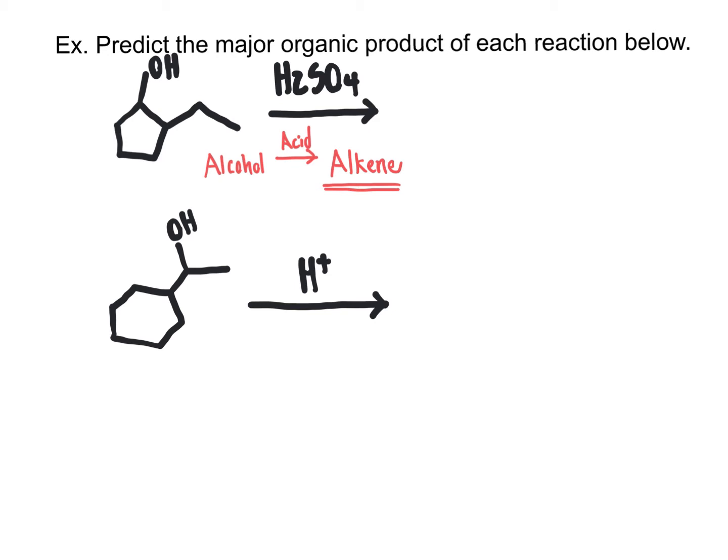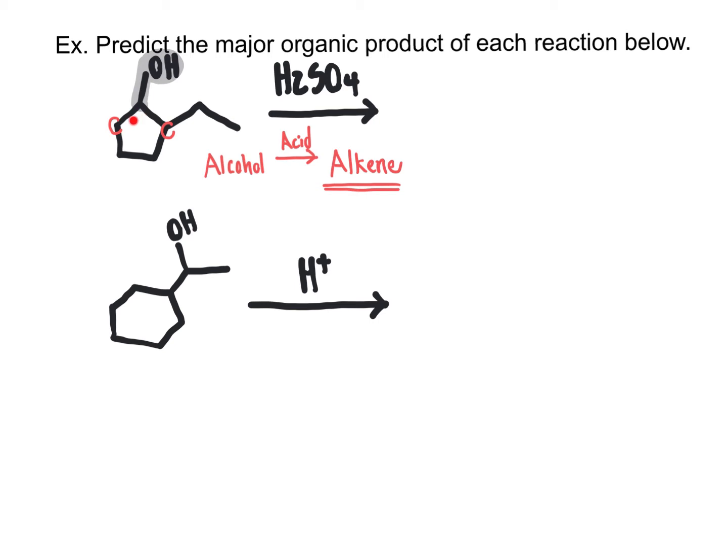To do this, we remove the OH group from the carbon atom that has it, and then at one of the adjacent carbon atoms, the carbon here or the carbon here, we remove a hydrogen atom in order to eliminate H2O from the molecule and put a carbon-carbon double bond in its place.